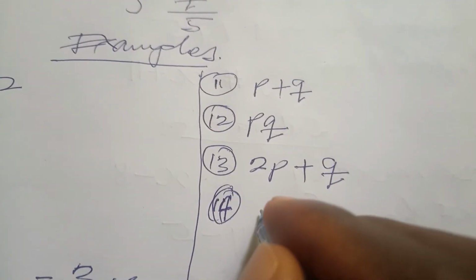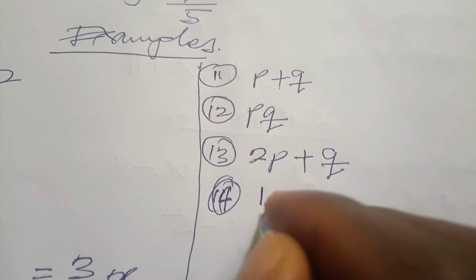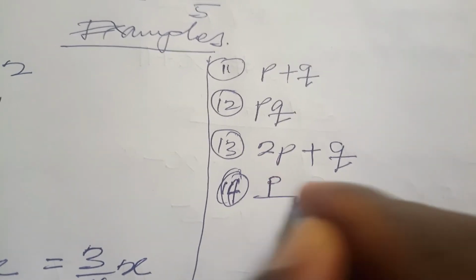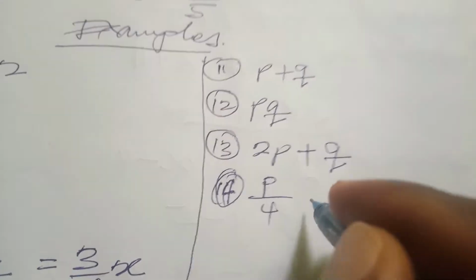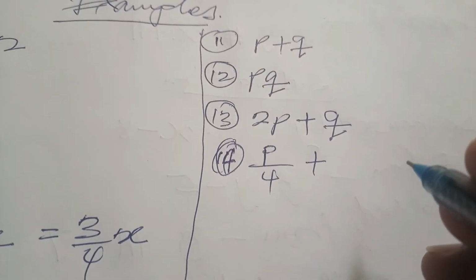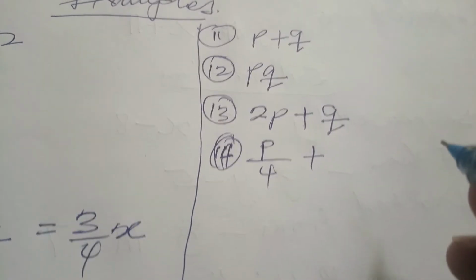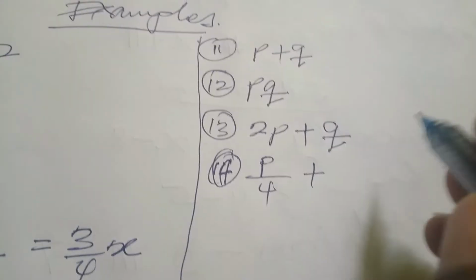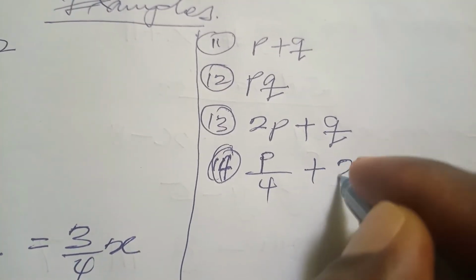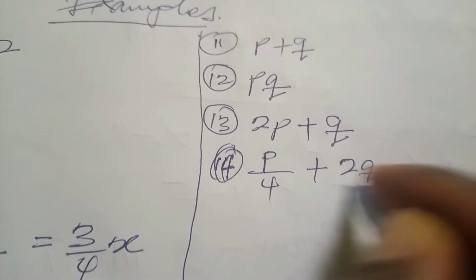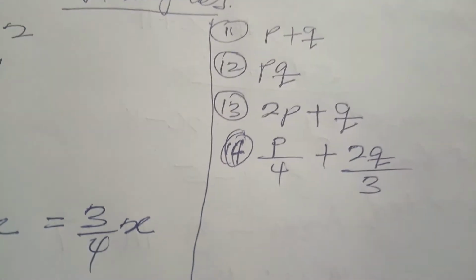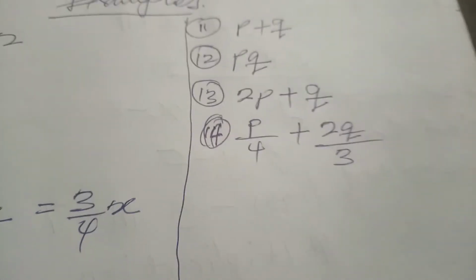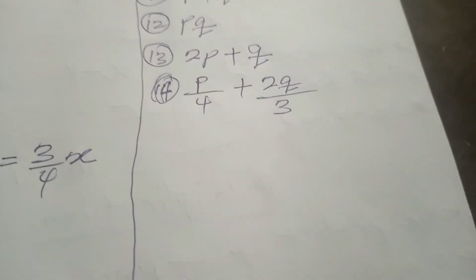So 1/4 p is 1 over 4 p, which is the same as p over 4, then plus 2/3 q. So that is 2 over 3 times q, which will give us 2q over 3. So that is what the expressions stand for.